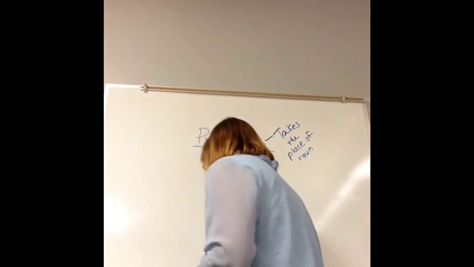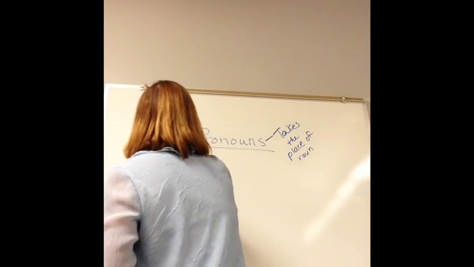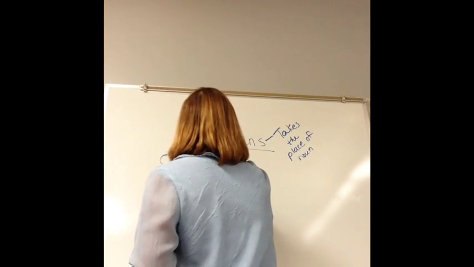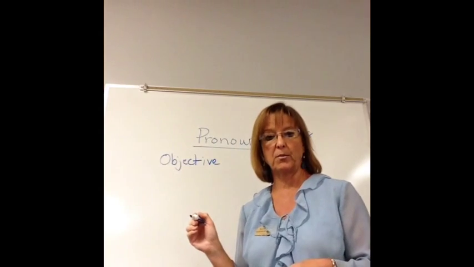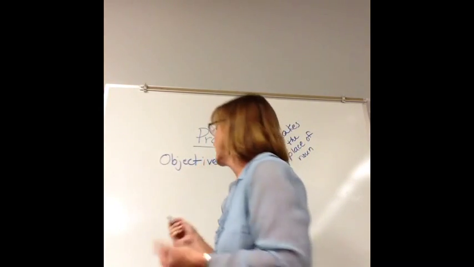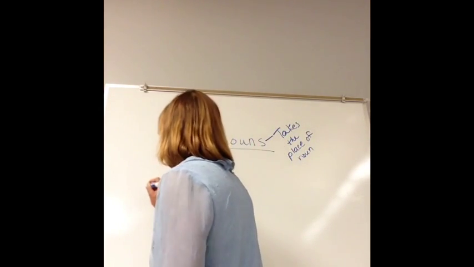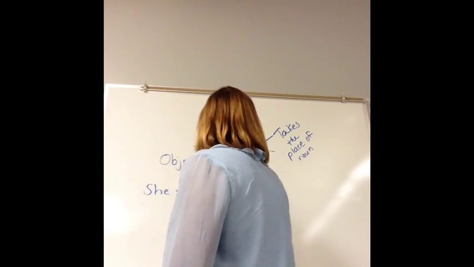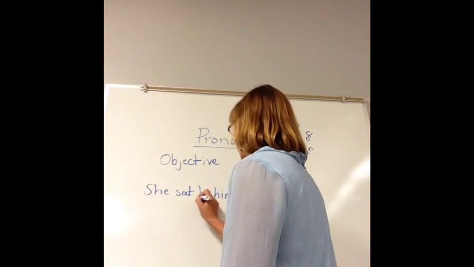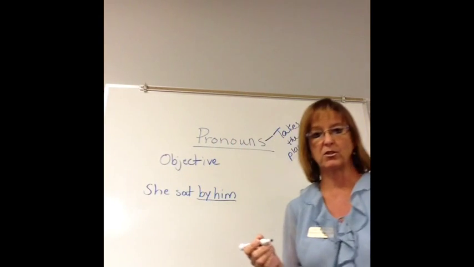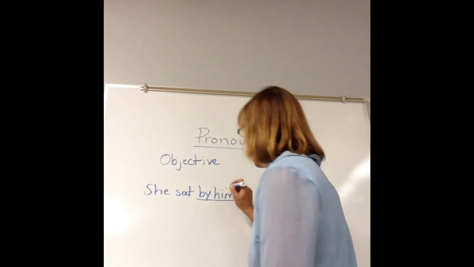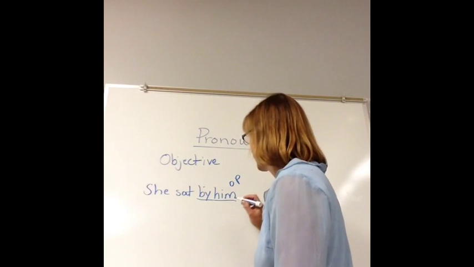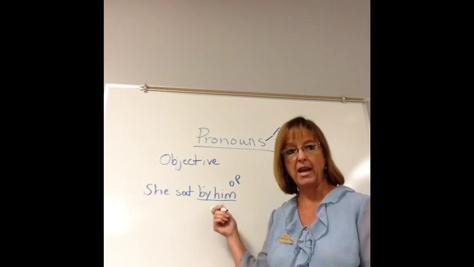Now, the objective pronoun is when it's the object, either a direct object or the object of the preposition. So if we had a sentence such as, she sat by him. Okay. By him is a prepositional phrase. That's your preposition, and him is your object of the preposition, and it happens to be a pronoun.